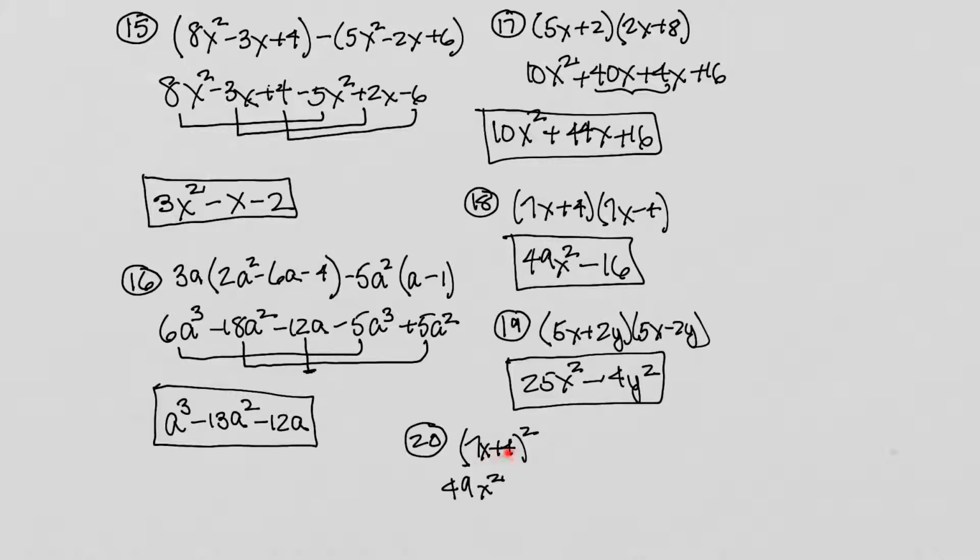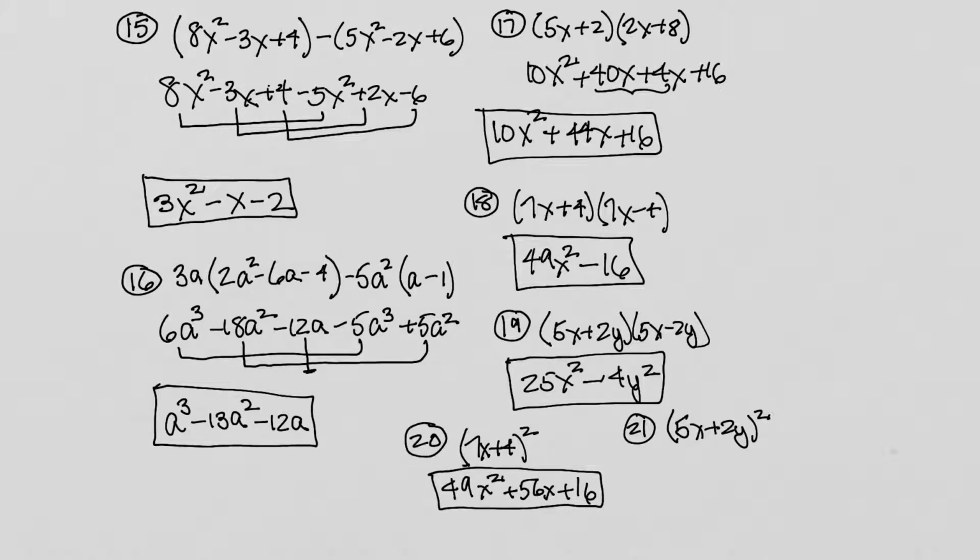Multiply these 2 together. 7 times 4 is 28x. We'll double it, so we'll get 56x, and then we'll square the last, giving us 16. Looks good? 49x squared plus 56x plus 16.